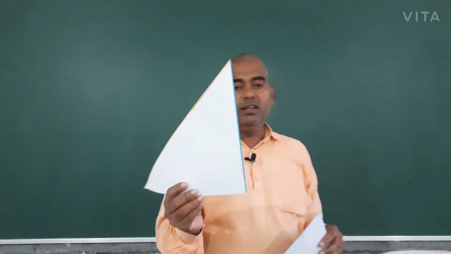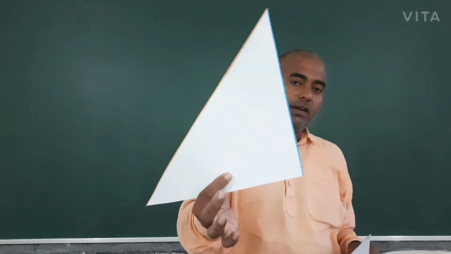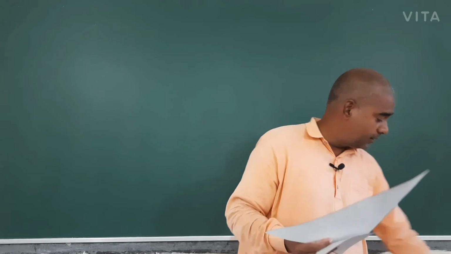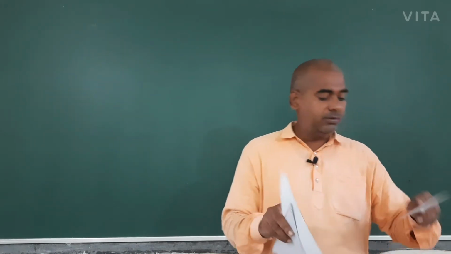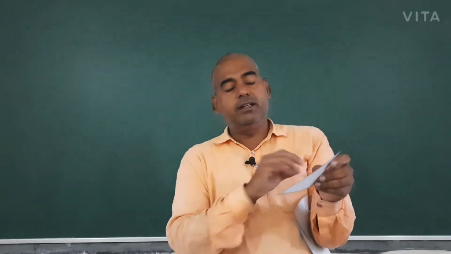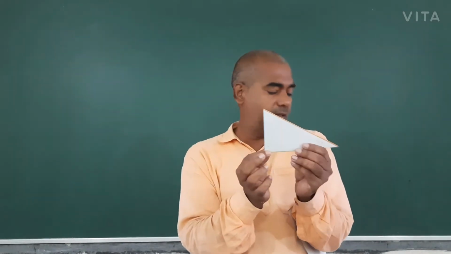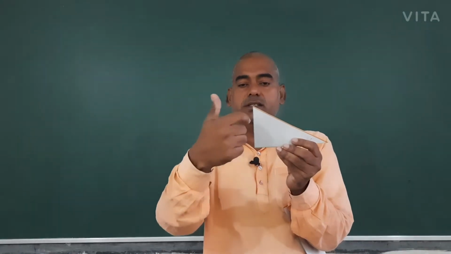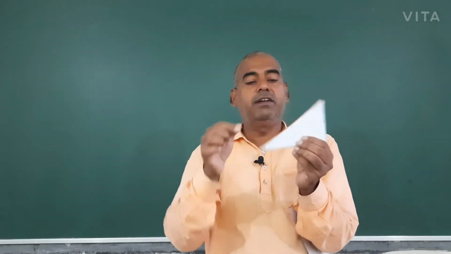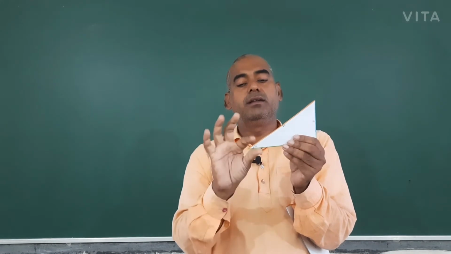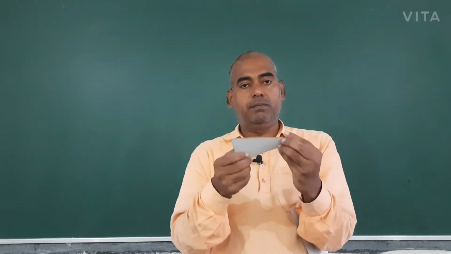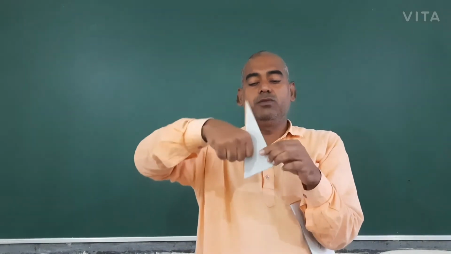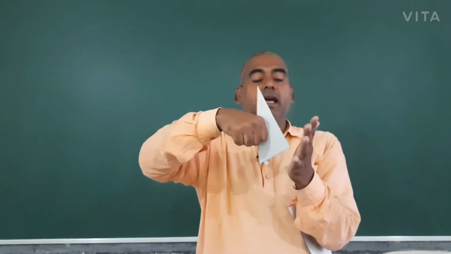Okay, so come to the trigonometric ratio for this 45 degree right angle triangle. Let me show. I have a triangle in my hand. When I measure it in next class, this is 60 degree, I have written this here. This is 30 degree. 30 degree means very sharp. When you cut this, angles are very important.